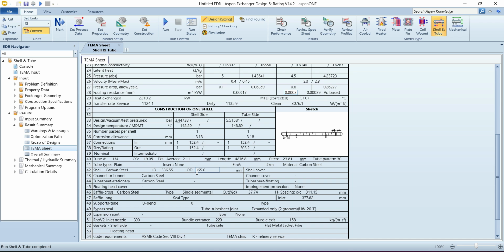Some construction details, even the sketch of the exchanger geometry is also given. The corrosion allowance is given. This is again another very critical information. What should be the corrosion allowance for any shell and tube heat exchanger to be fabricated and employed for a given service?